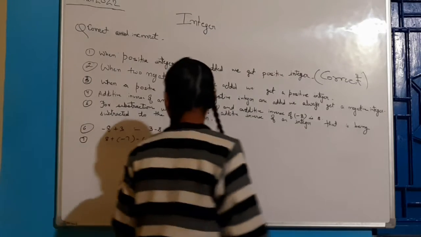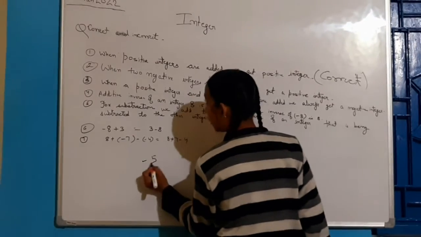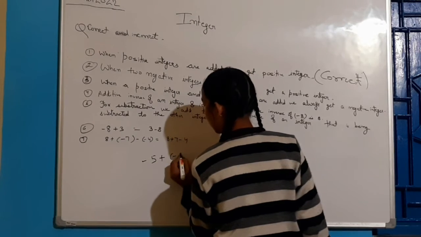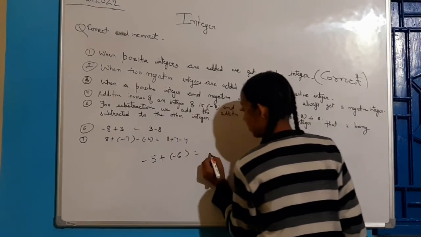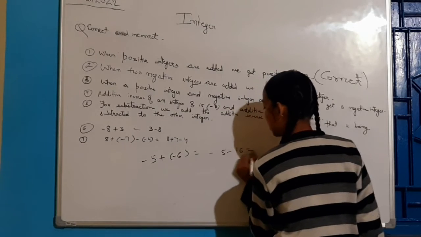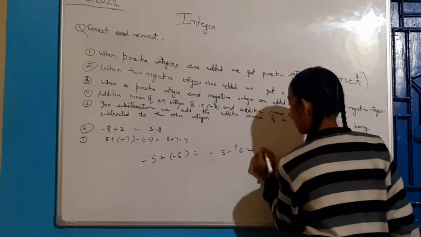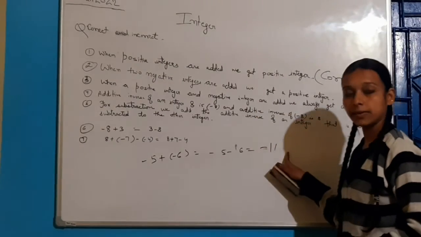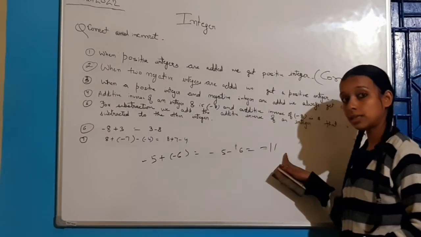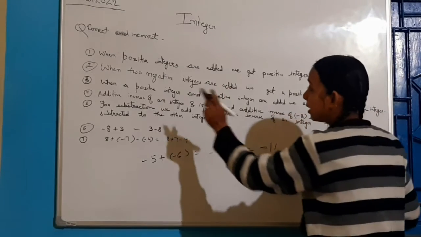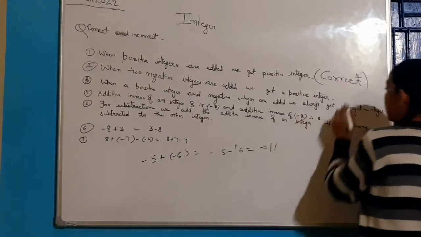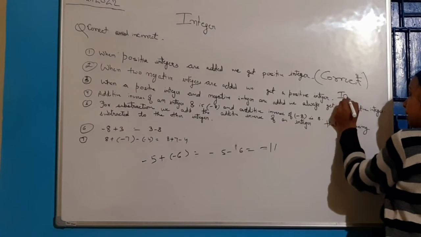When two negative integers, for example -5 minus 6, are added, we get -11. Is this a positive integer? No, it is a negative integer. So the statement that two negative integers added give a positive integer is incorrect.